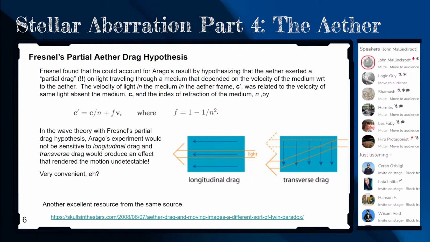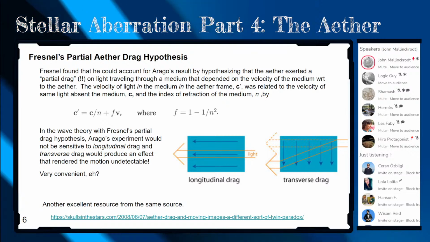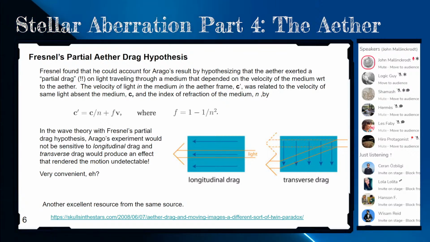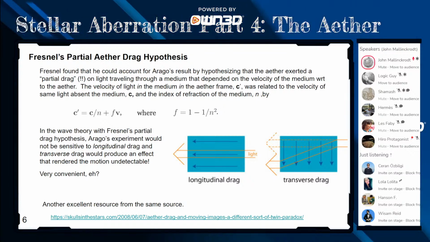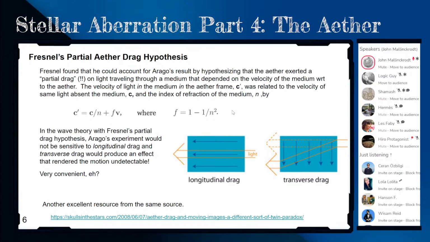Most scientists should be very skeptical of something like this. Yes, it explains the result, but it seems like special pleading. Why on earth would you expect this material to do anything other than a total drag? If it's going to drag the ether at all, why does it drag it in some fractional effect?